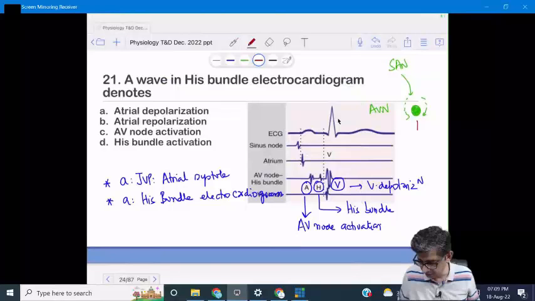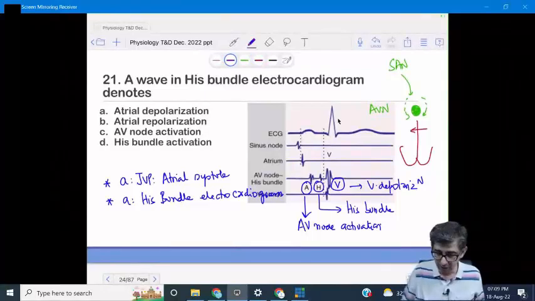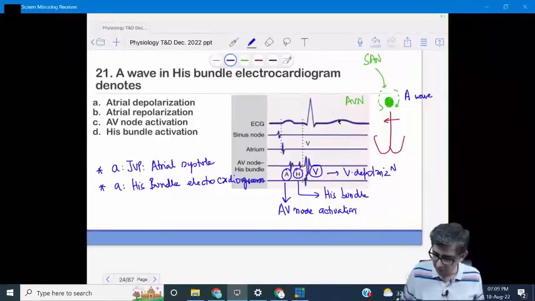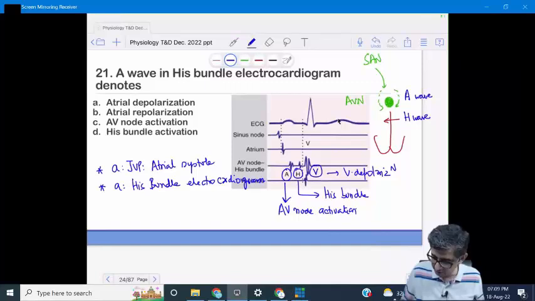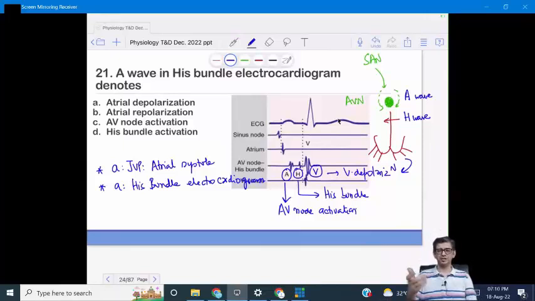So what is happening here is that there is a septal activation occurring in the patient. When the current enters the AV node, it is responsible for the A wave. When there is septal activation, that is His bundle activation, that is when there is an H wave. And then subsequently the current will travel downwards by the Purkinje fibers, and that would be responsible for the ventricular depolarization part, which is easily understandable.